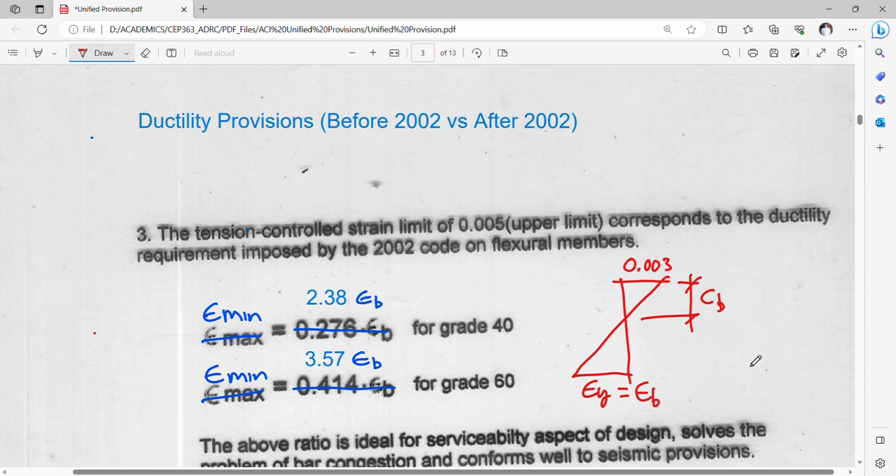Of course, we are referring here at the level upon which your depth here is defined by the extreme most tensile reinforcement DT, not the effective depth D. Okay, so DT can actually be approximated by around 1.08 of your effective depth.